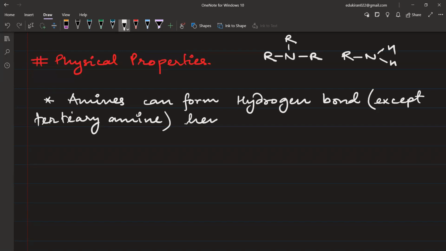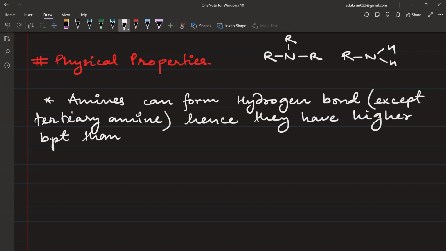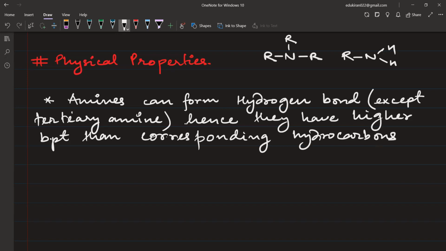Hence, they have higher boiling point than corresponding hydrocarbons and polar molecules. ठीक है, please write next.